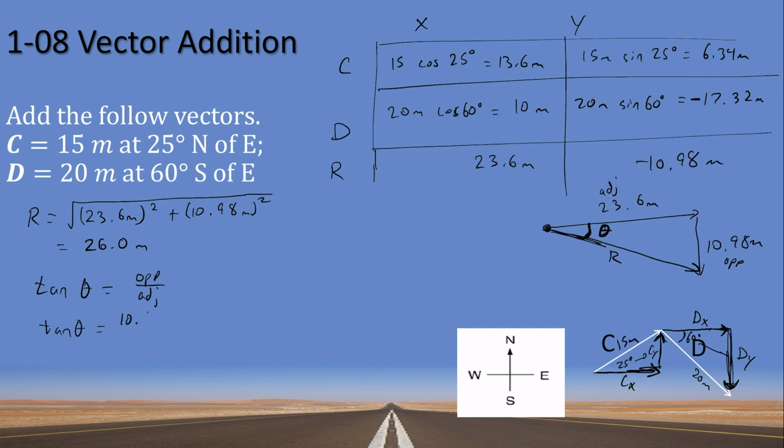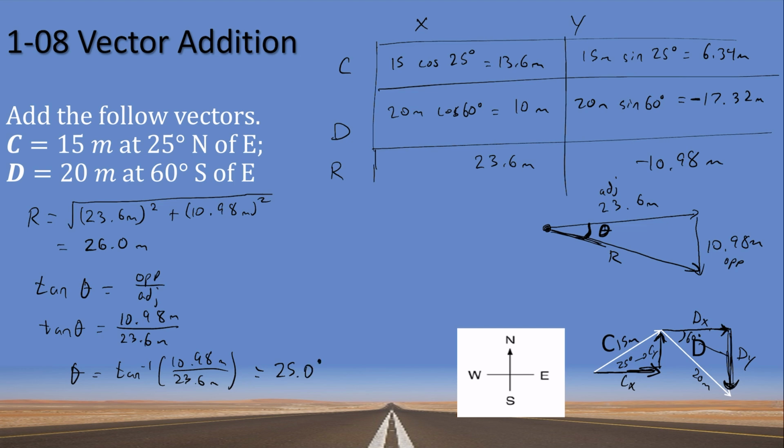The opposite was 10.98. Adjacent is 23.6. Use inverse tangent of that to get the angle. Use inverse when you're looking for the angle. And I get an angle of 25.0 degrees.